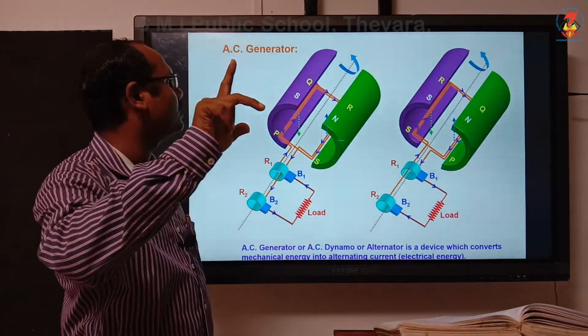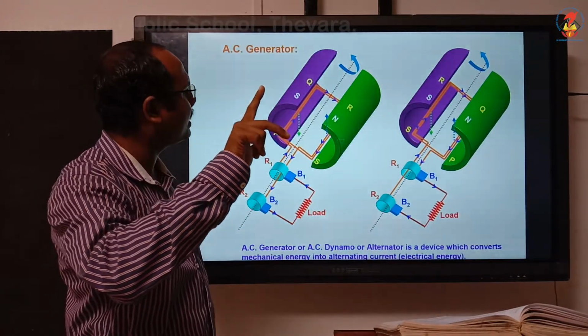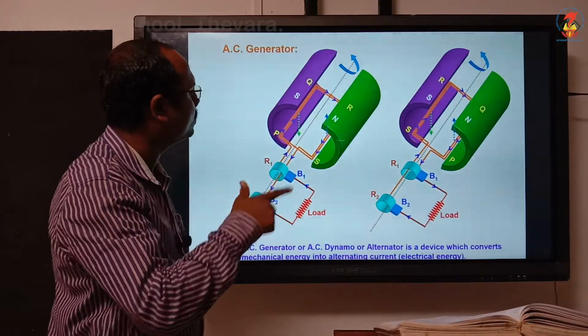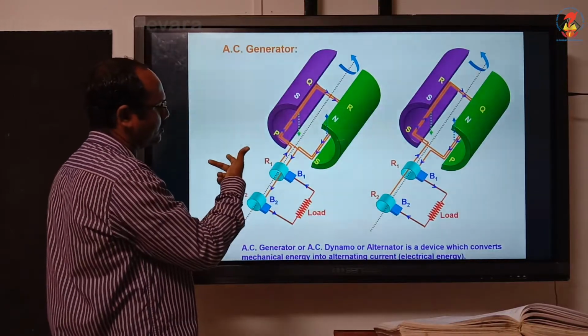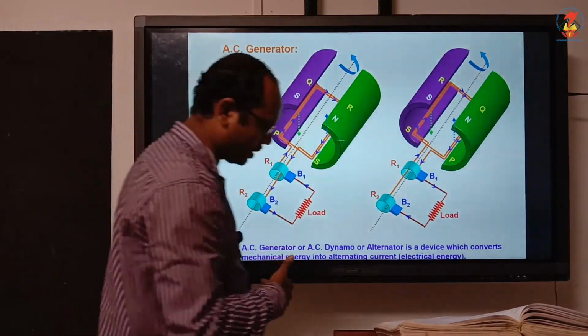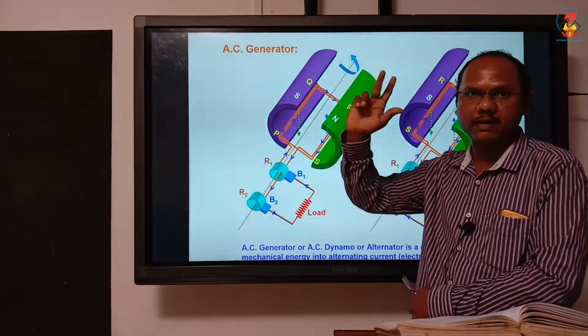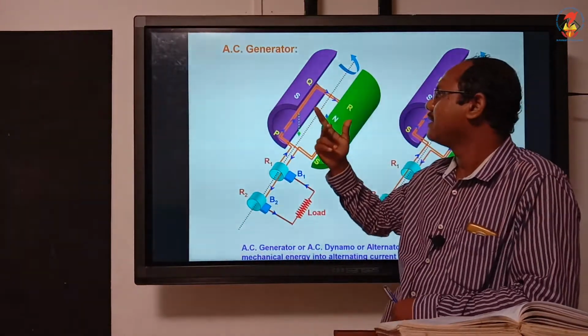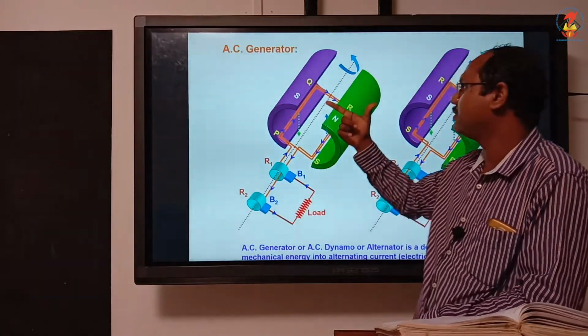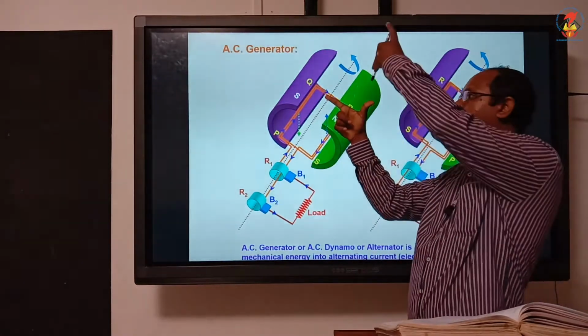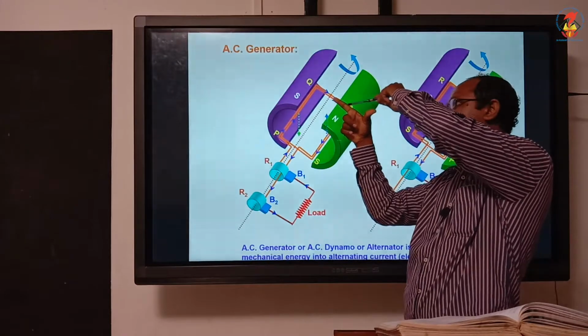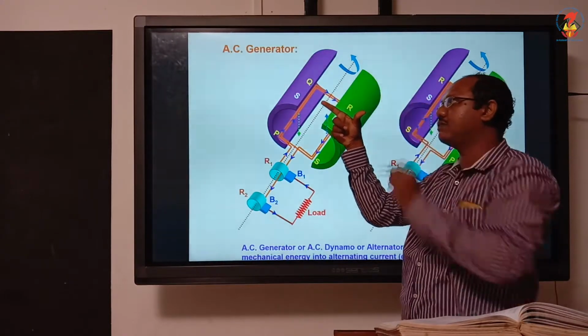The thumb moves downward and the magnetic field is from north to south. Look at my fingers. The magnetic field is from north to south, so my point finger is from north to south.